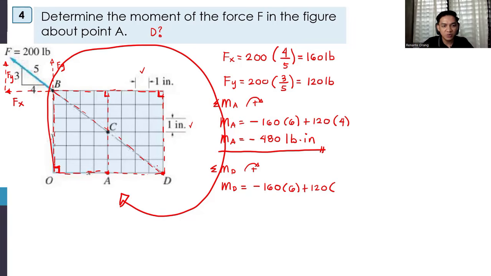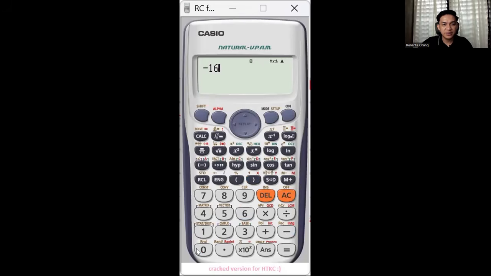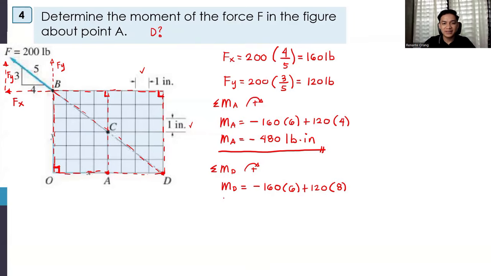So, bilangin natin 1, 2, 3, 4, 5, 6, 7, 8. So, 120 multiplied by 8 inches. So, calculate natin siya, class. We have negative 160 multiplied by 6 plus 120 multiplied by 8 is equivalent to 0. So, sulat natin, class, moment at point D is equivalent to 0.